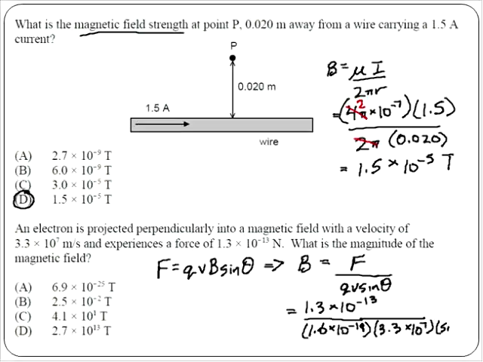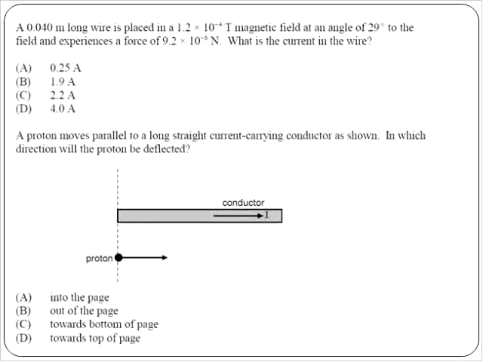And sine of the angle, it doesn't mention an angle, but it does say perpendicular. And perpendicular means at a 90-degree angle, so we say sine of 90. And the sine of 90, of course, is just 1. When you do that calculation, you get 0.0246, which rounds off to 2.5 times 10 to the power of negative 2. The answer is B.